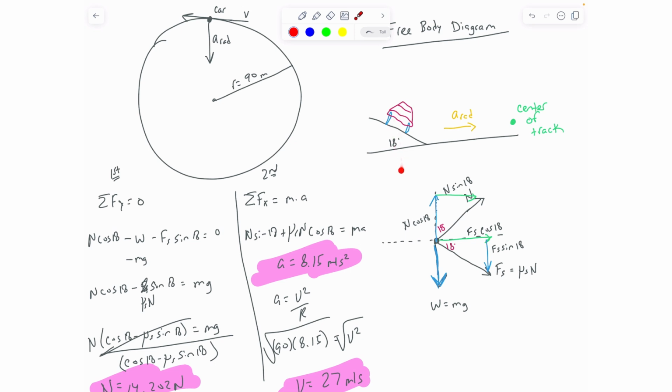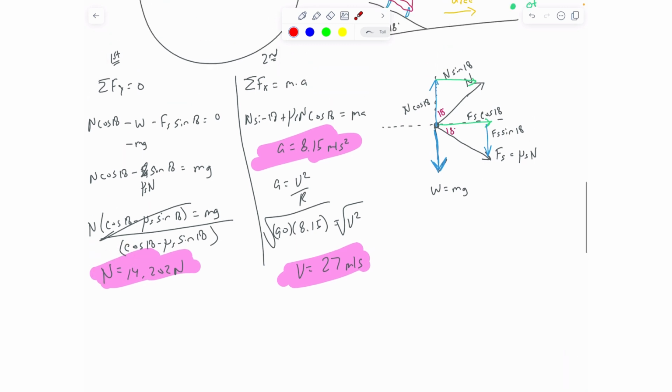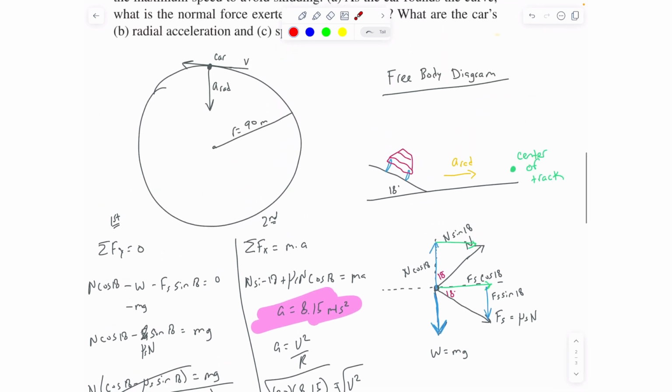The weight's going in this direction. And then you need to understand that you have to use Newton's first law for the up and down, or vertical component, and you have to use Newton's second law for the horizontal component. And that's it. You solve for the normal force first, and then you can solve for acceleration next. And once you have acceleration, you can get velocity. And that's it.